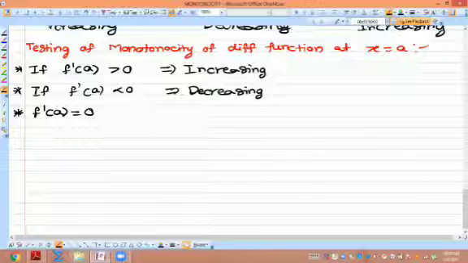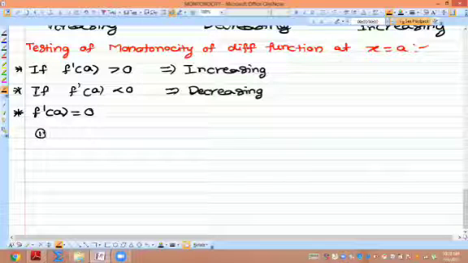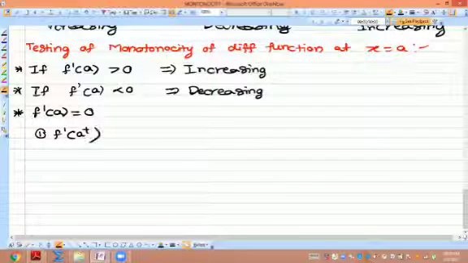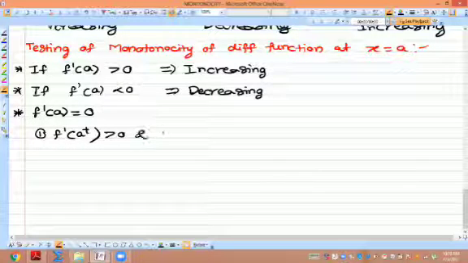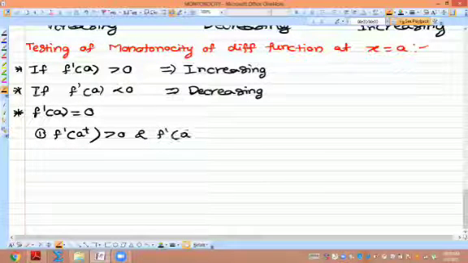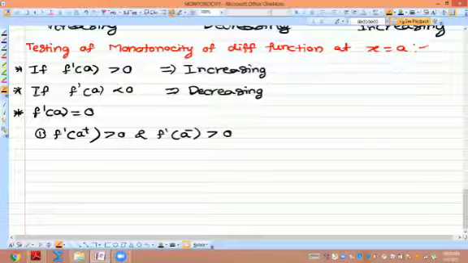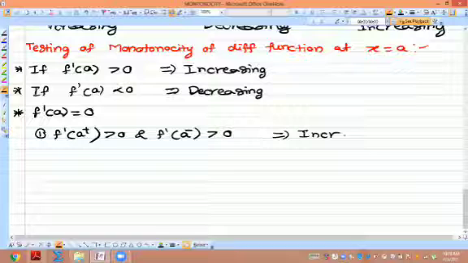Okay, so if f dash of a is equal to 0, then three cases will arise. We are discussing the right hand derivative at a and the left hand derivative at a. If f dash of a plus is positive and f dash of a minus is positive, both positive, then we will say that it is an increasing function.